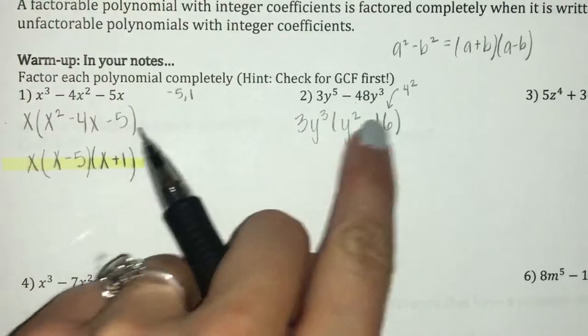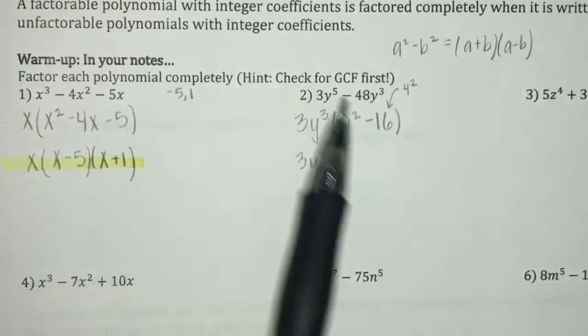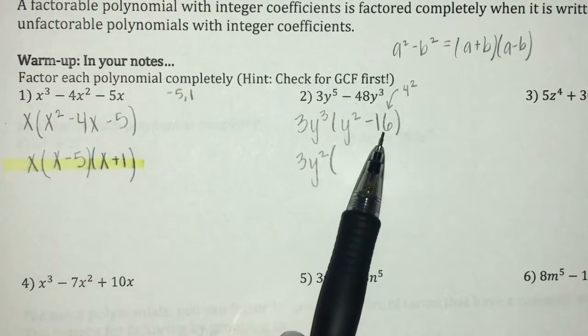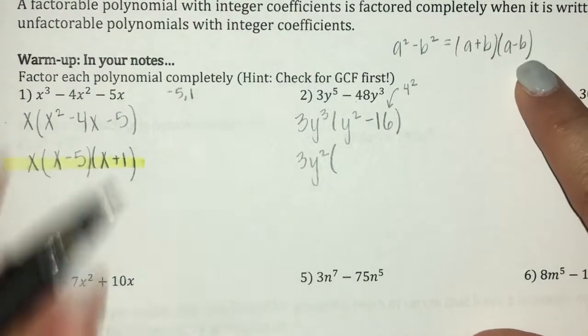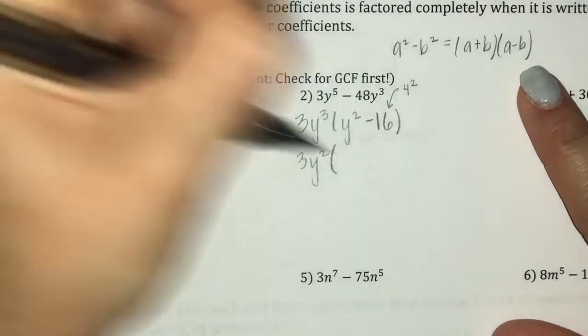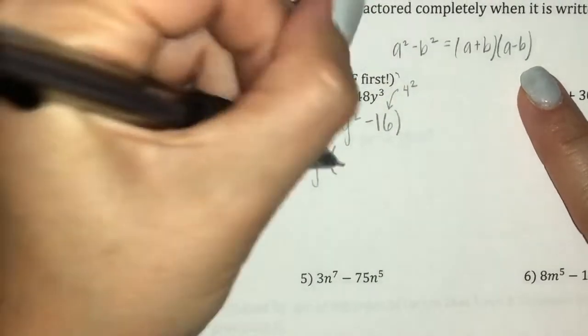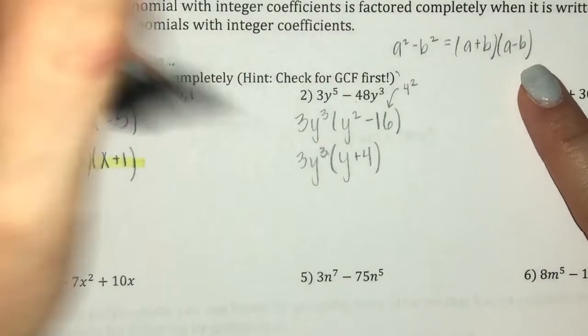So if I want to factor this completely, I need to bring down the 3y cubed. If this is a squared minus b squared, then a would be y and b would be 4. So it would be y plus 4 times y minus 4. So 3y, sorry, this should be a 3y cubed, times y plus 4 times y minus 4.